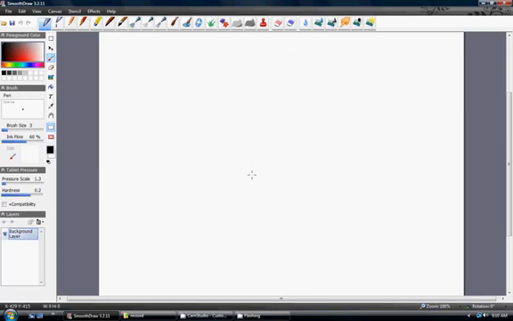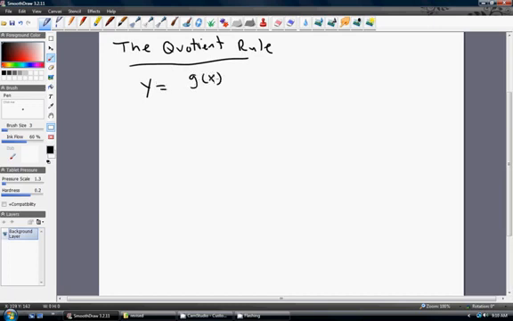Let's briefly look here at the quotient rule. With the quotient rule, we're going to have something in this form where y is a function of g of x and h of x, except g of x is divided by h of x.